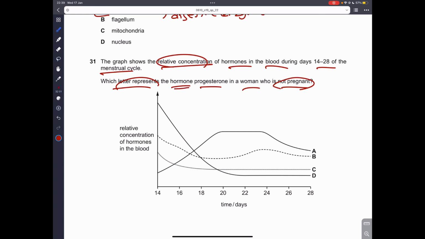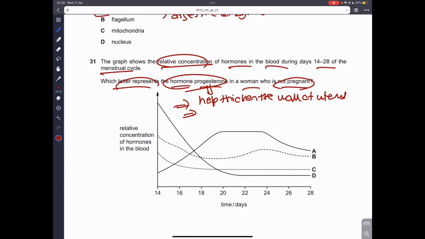Now, we have to find the hormone progesterone. Progesterone is actually going to help thicken the wall of the uterus, so that when the egg gets fertilized, after intercourse, the progesterone is going to help make it a suitable environment for the zygote or the baby, the fetus, to develop.